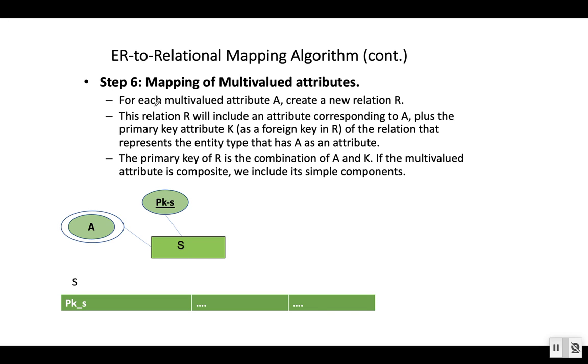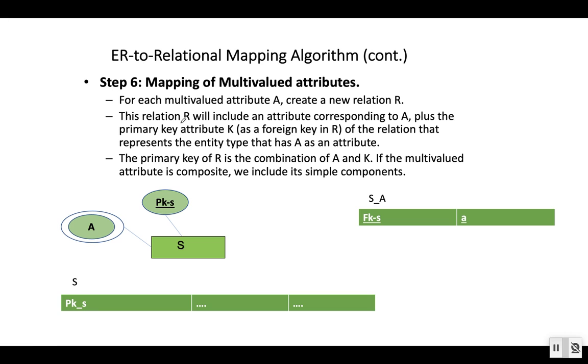Now for each multivalued attribute A, we are going to create a new relation. This entity has one multivalued attribute, so we are going to create a new relation like that.